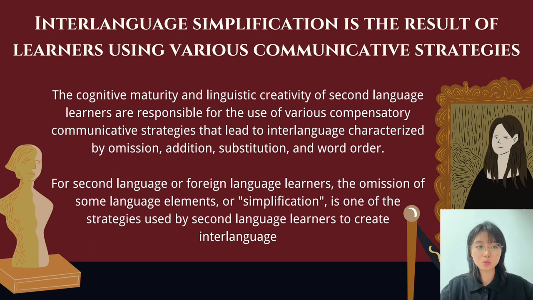Language learners use reduced interlanguage as a learning strategy, not to reduce the target language to a simpler system, but to replace difficult syntactic and lexical forms with other forms appropriate to their ability level, or to simplify or reduce the interlanguage by removing certain elements. Therefore, interlanguage simplification is a result of learners using various communicative strategies.